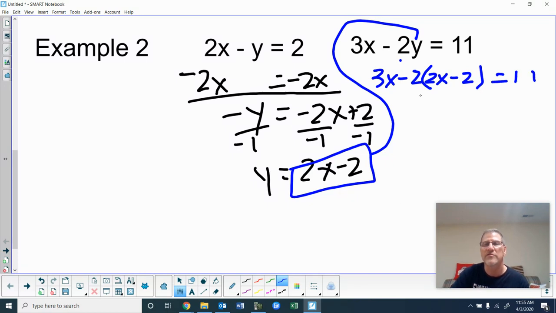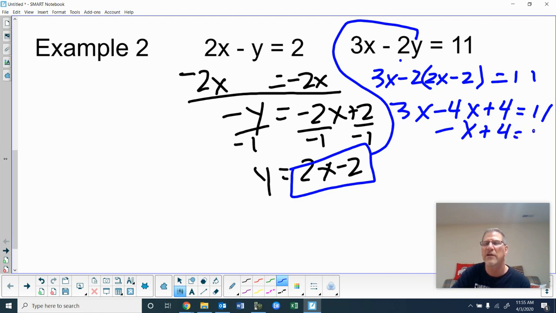All right, so then I'm going to have 3x, and then distribute, minus 4x plus 4 equals 11. And I get negative x plus 4 equals 11. And subtract 4. I get negative x equals 7.